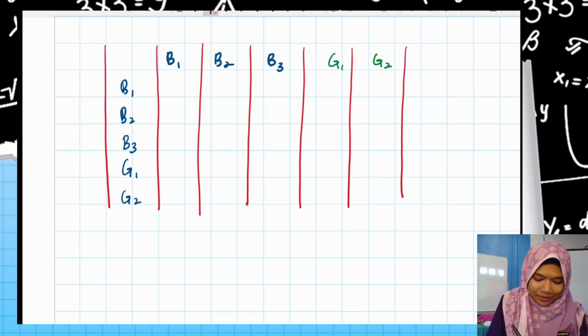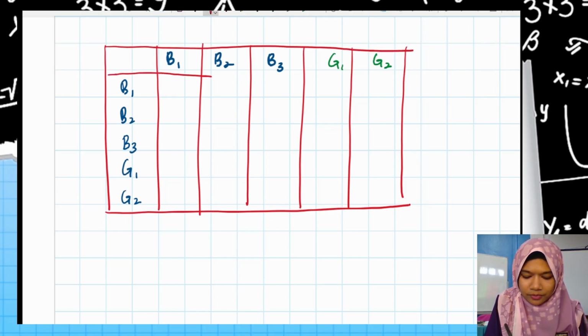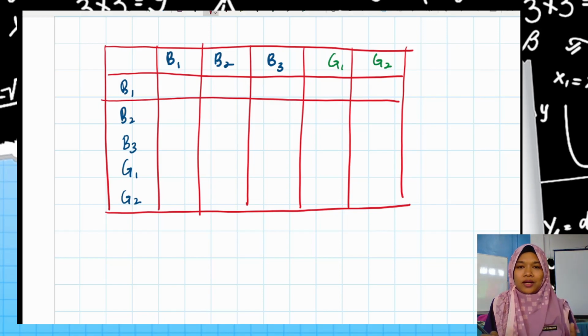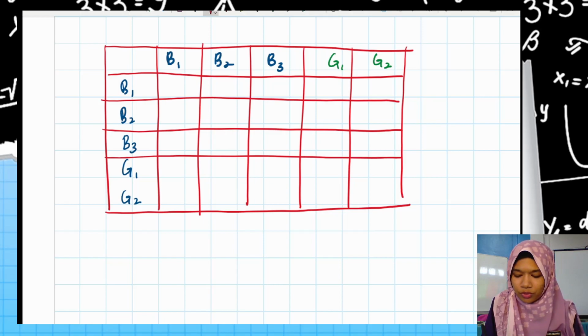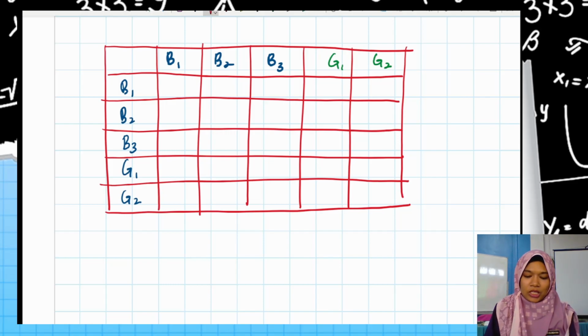So this is the table that helps you list out all the possible outcomes, all the 20 possible outcomes. Banyak tu, 20 tu banyak.